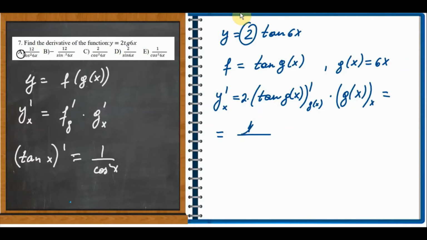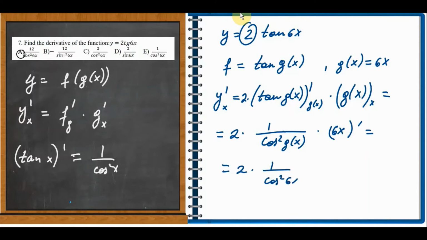Now, 2 multiplied by 1 over cosine squared 6x, multiplied by the derivative of 6x, is equal to 2 multiplied by 1 over cosine squared 6x multiplied by just 6, because we know that the derivative of any constant multiplied by x is just going to be the constant itself. So the answer is going to be 12 over cosine squared 6x.